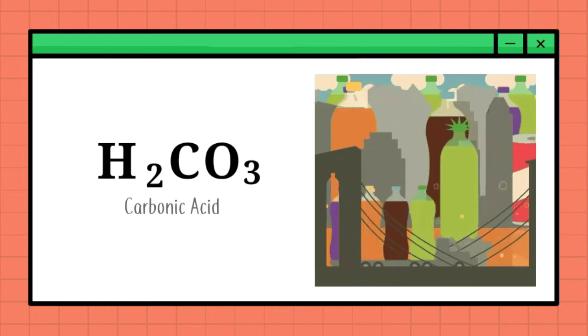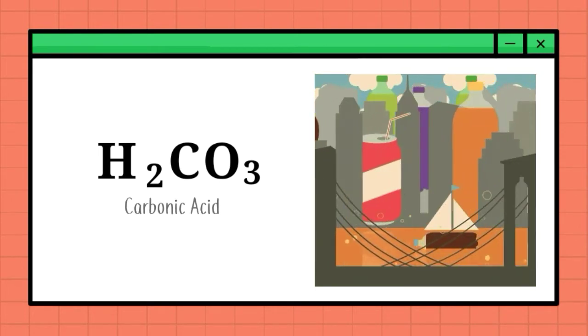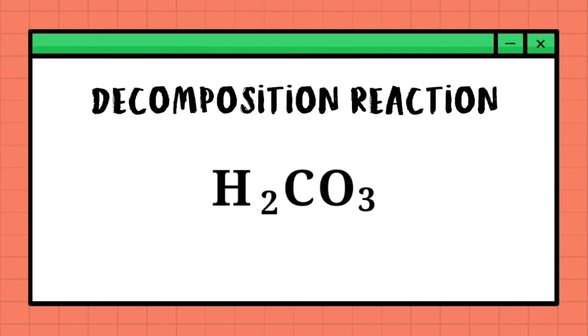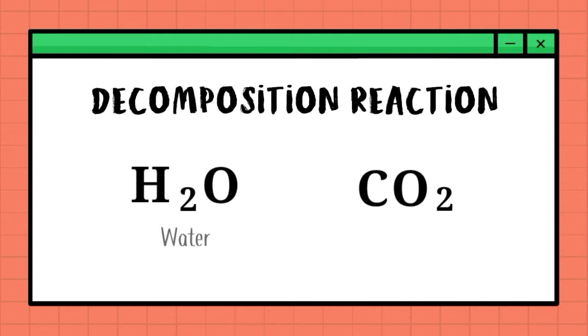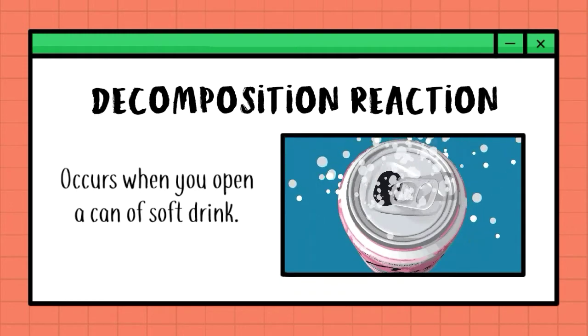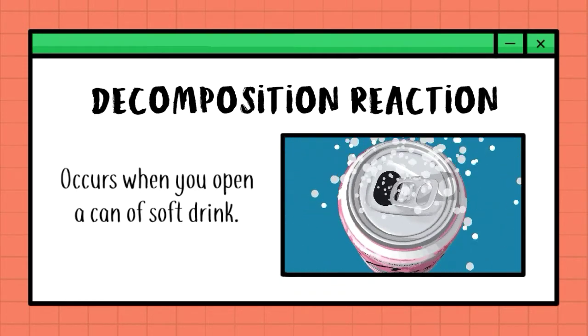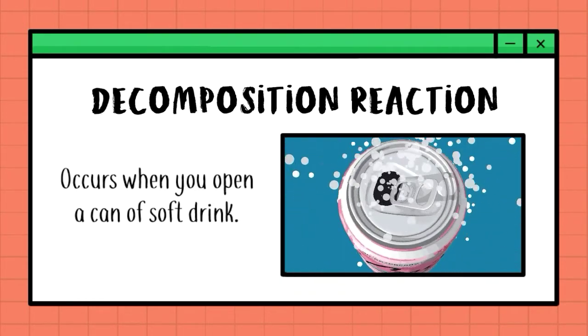Carbonic acid is an ingredient in soft drinks. A decomposition reaction takes place when carbonic acid breaks down to produce water and carbon dioxide. This occurs when you open a can of soft drink and some of the carbon dioxide fizzes out.